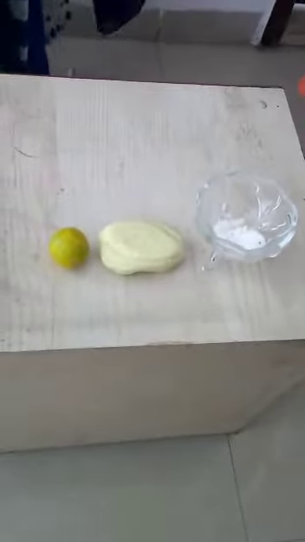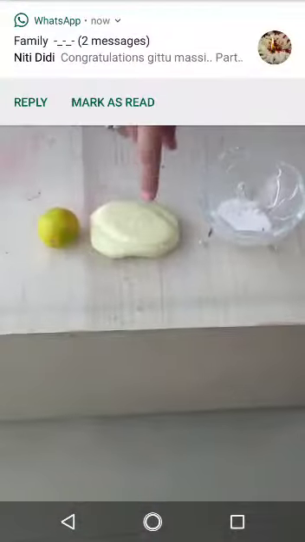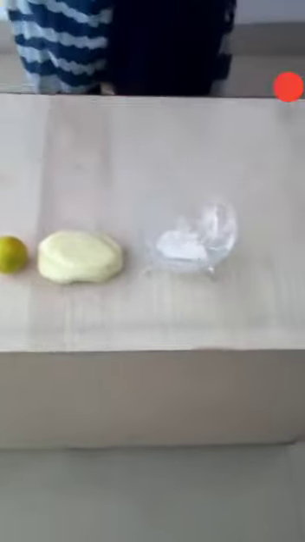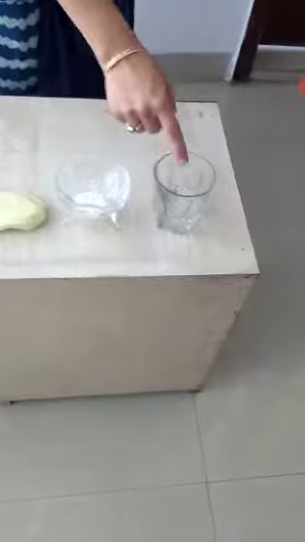Does this mean, children, that when an acid reacts with a base, it forms salt and water? Does this mean when lemon juice reacts with soap solution it will give you salt and water?